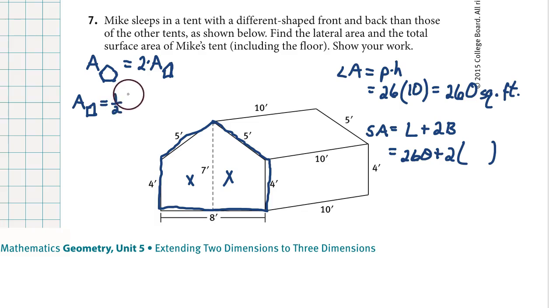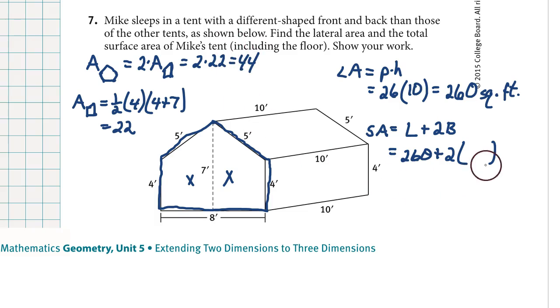It is 1/2 times the height, which is 4, times the sum of the bases, 4 plus 7. This is 22. So the area of the pentagon is 2 times 22, which is 44. That's what we fill in for capital B over here on the right.